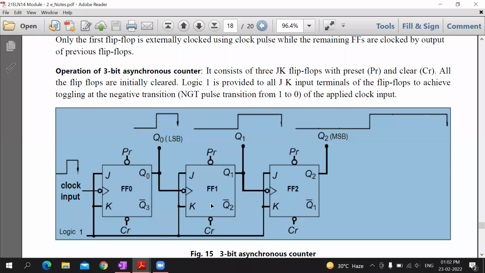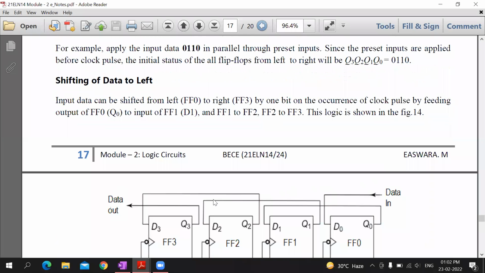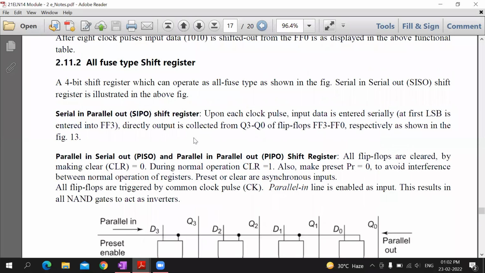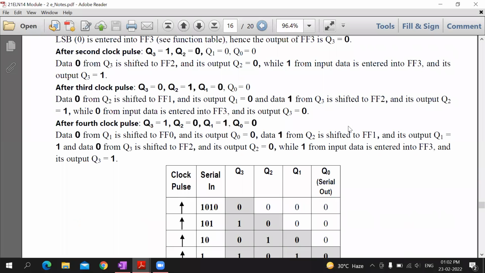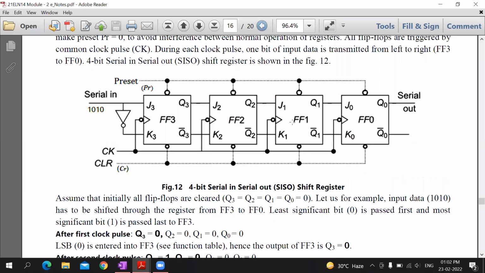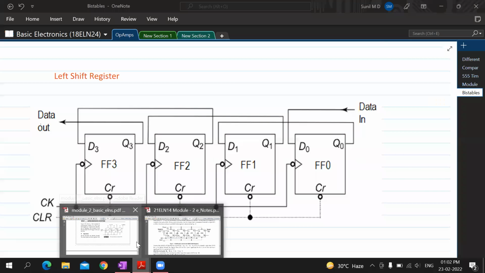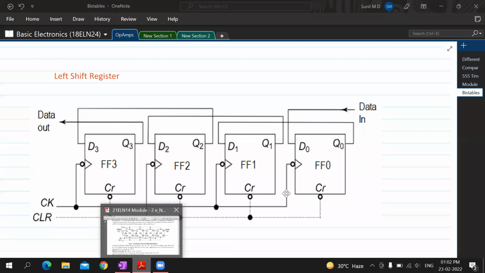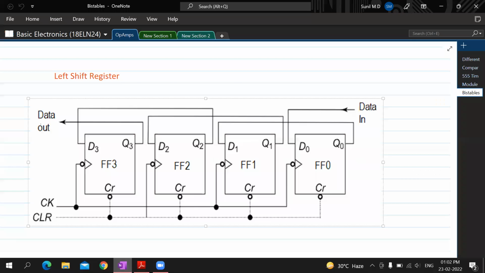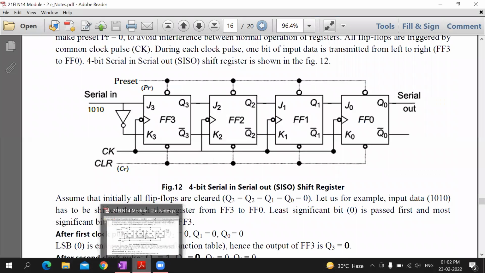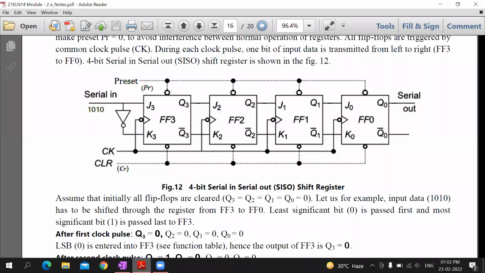Let me just bring that here. I hope you're able to see this. Now compared to this, what is the difference you're finding here? What is the difference between these two?